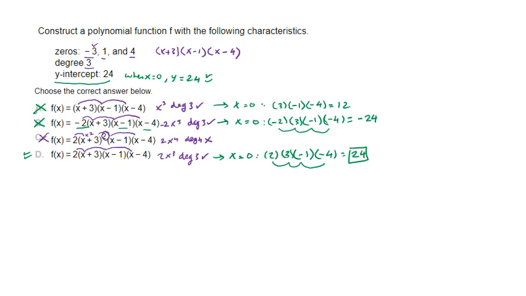So by process of elimination, the function is 2 times x plus 3 times x minus 1 times x minus 4.